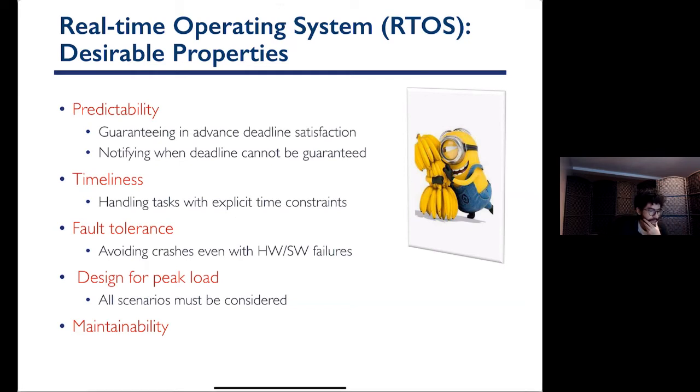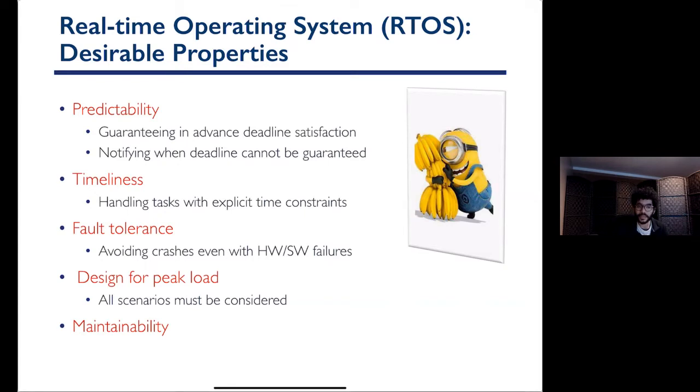You also want to design for peak load, right? You shouldn't design for average, because you want your system to work under any circumstances. So you have to always think about worst case. What happens in worst case? You shouldn't design your system for best case or for average case.